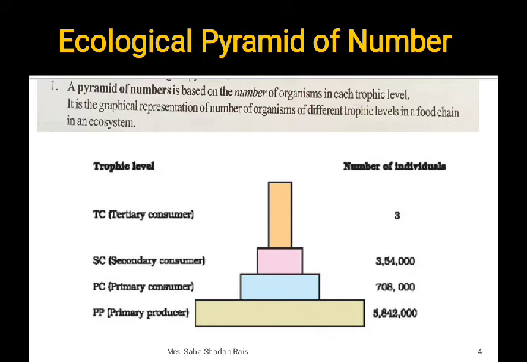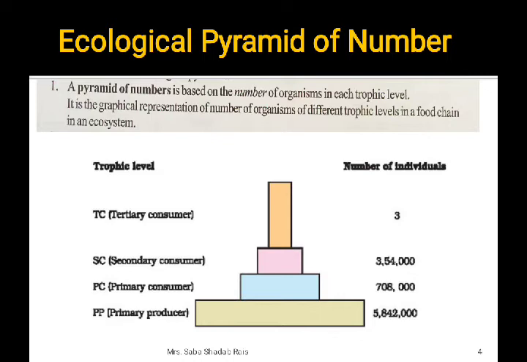58 lakh 42,000 or so, right? But if we see the next level, the number of organisms is reduced. How many are there? It is just 7 lakh. Now see here, the number is reduced so much. Then if you see the secondary consumer, you will find a further decrease, but tertiary consumers are only 3. Understood?